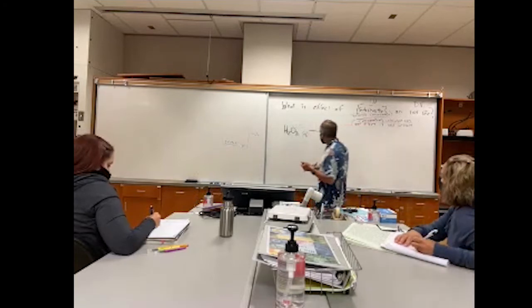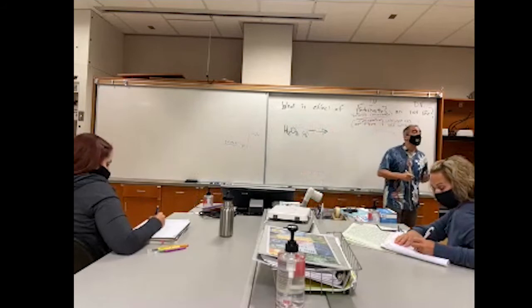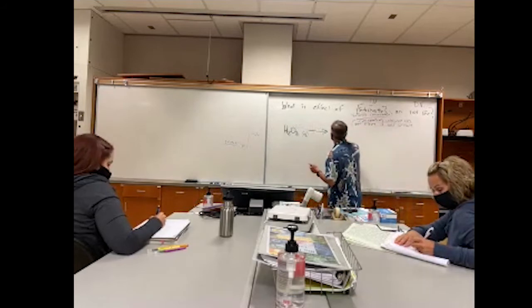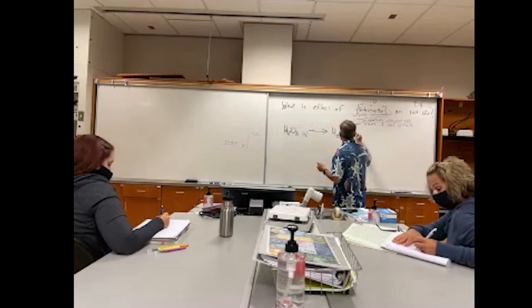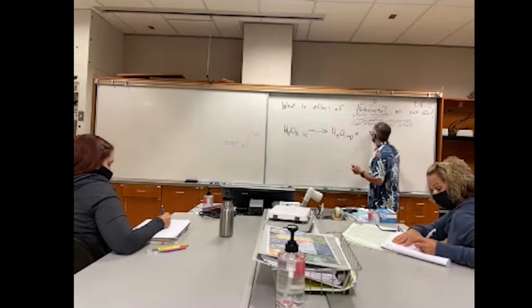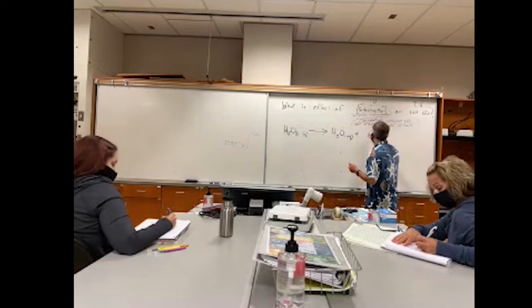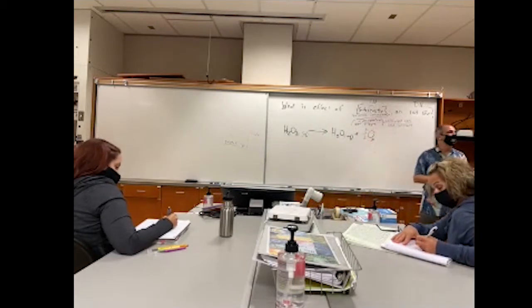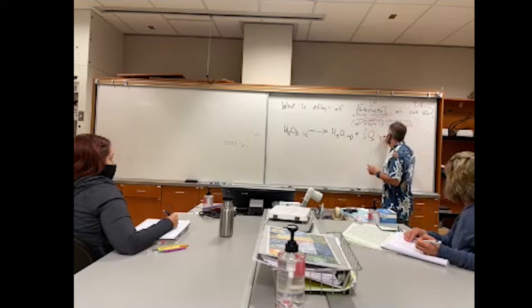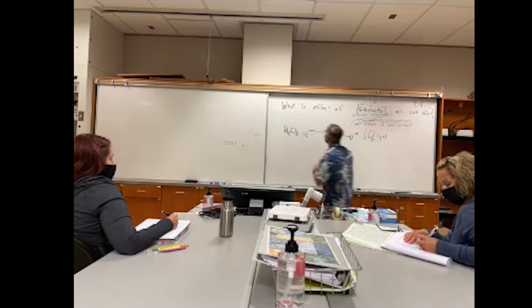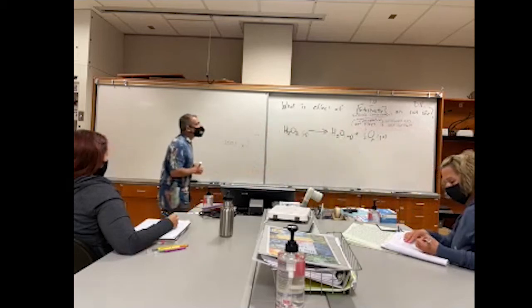It breaks apart into water and oxygen. Typically you write 1/2 O2, because the reality is it's going to be an oxygen molecule coming off of this. So this is a gas. This is the reaction that we're going to be looking at.